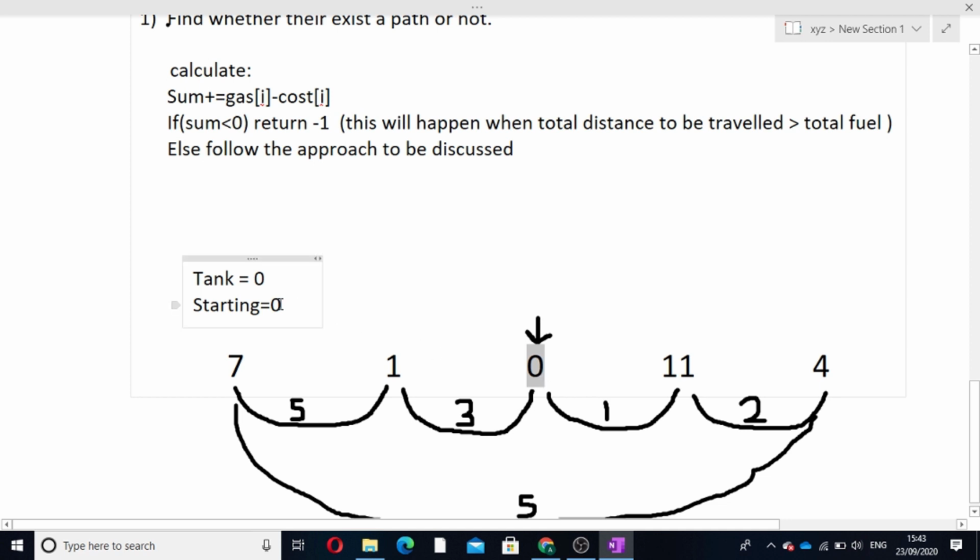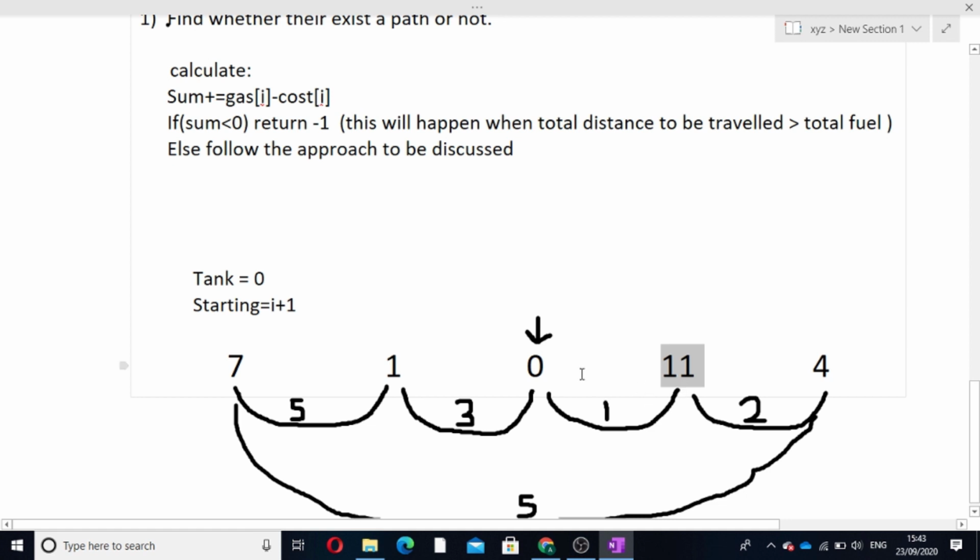So now what will we do? Our tank capacity was 0 when we reached here, and we require 1 amount of fuel to reach the next step. We will initialize our starting point with I plus 1. That is, our I was this and our starting point has now become this, because we are not able to move from this index to this index using the initial capacity of the tank.